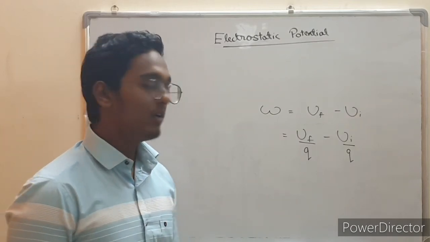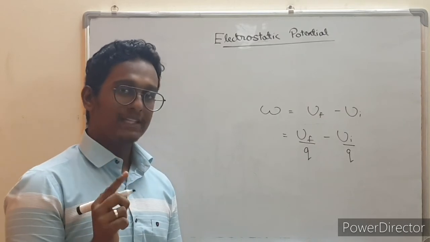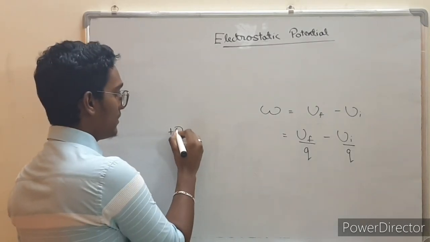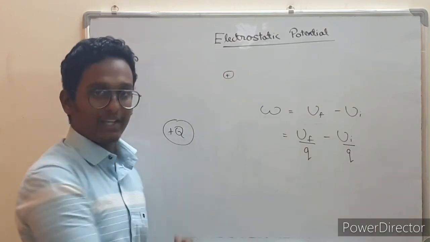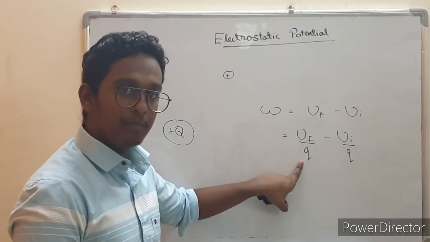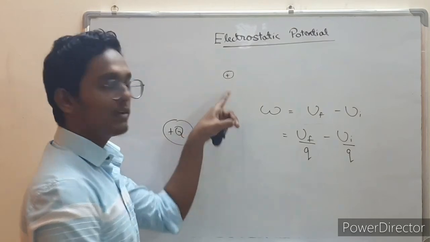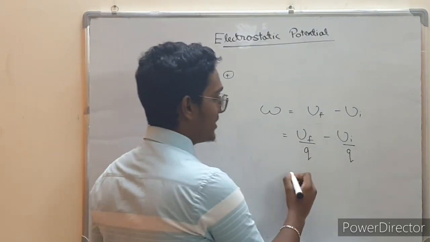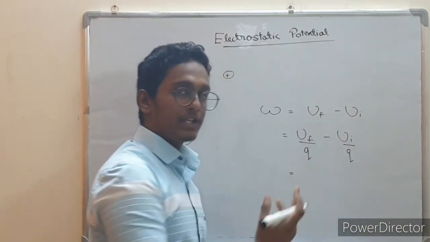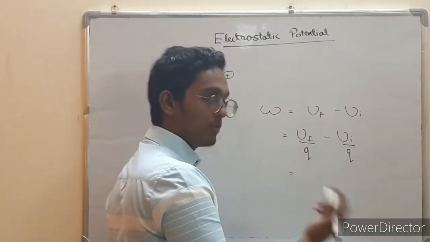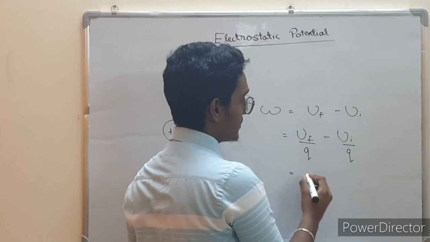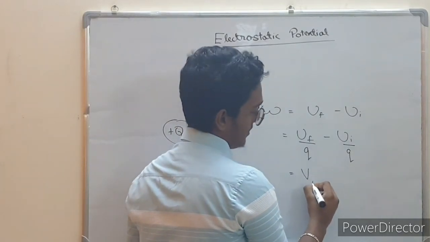It only depends upon the main source, which is plus Q, and not on the positive charge that you're bringing. That is the reason we divide by Q, to make it independent of the charge you're bringing. The potential energy divided by the charge is a new quantity, known as the electrostatic potential, V.